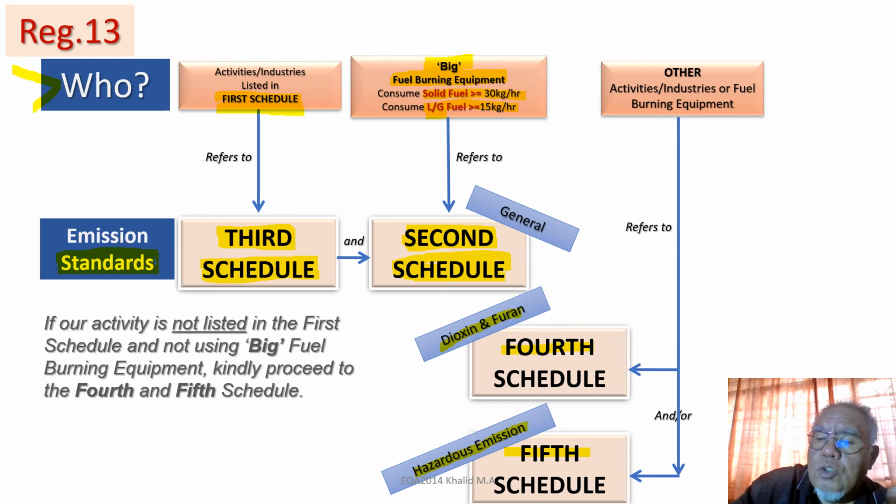Although they have smaller genset, burner, oven or furnace, the emission standard from that fuel burning equipment still has to comply to second schedule and third schedule, by virtue of the fact that they are situated in a first schedule industry.